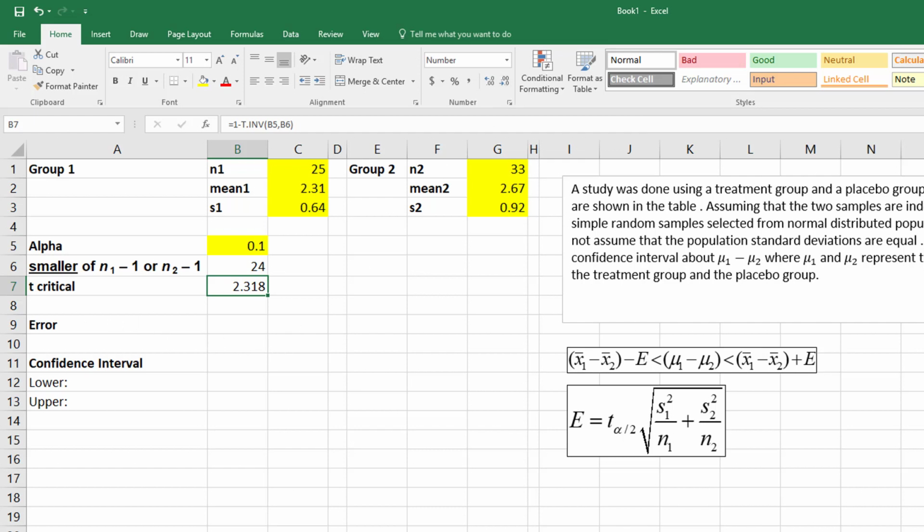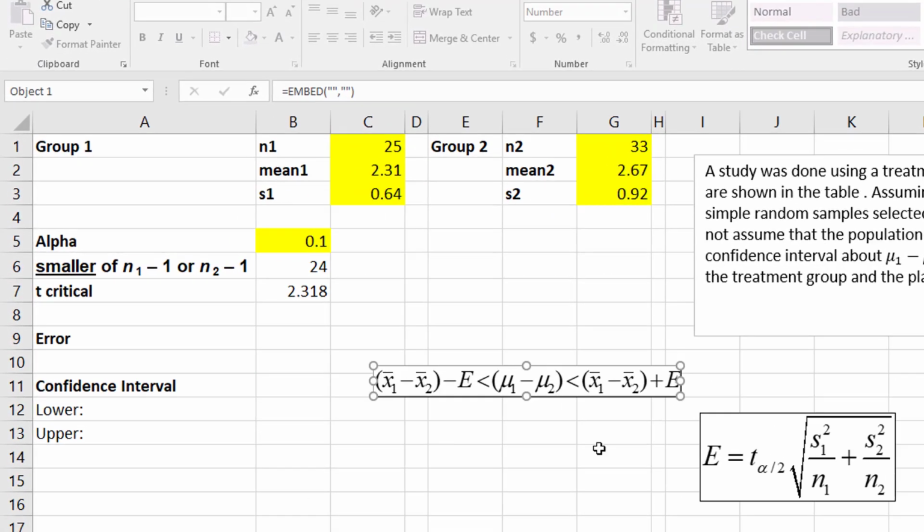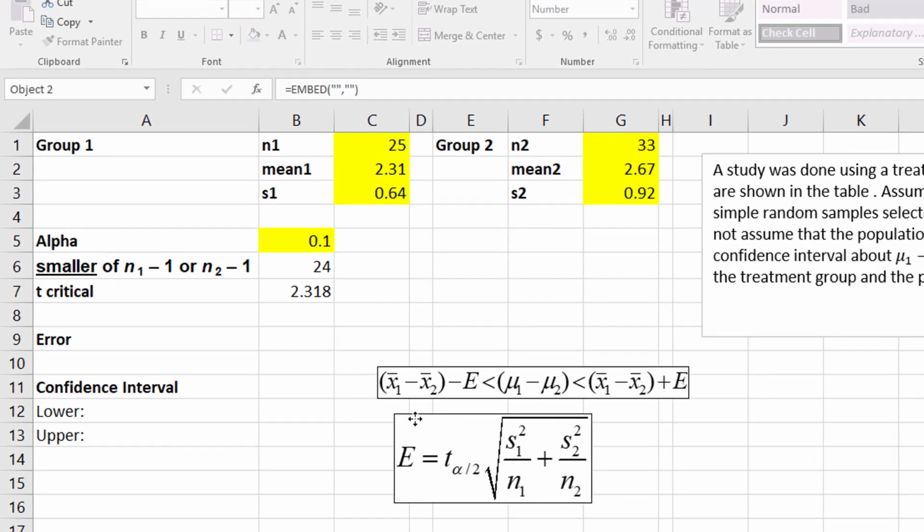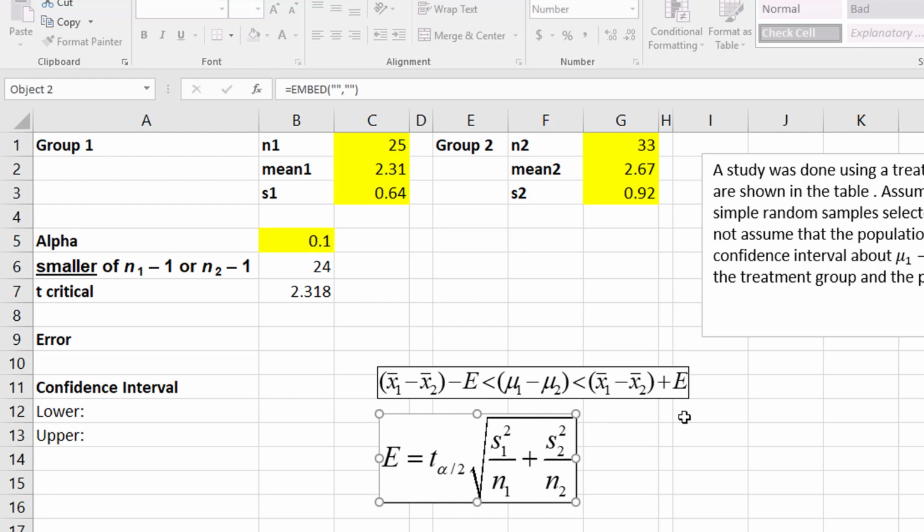All right, so my confidence interval over here, as I can see, I need my error. So I'm going to find that now because I have my T critical, that's my t alpha over 2.